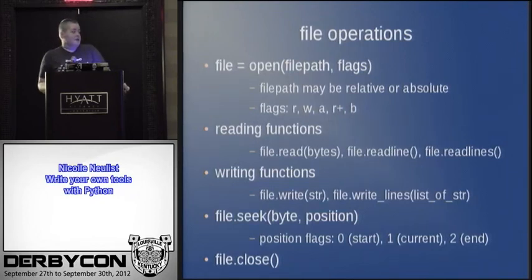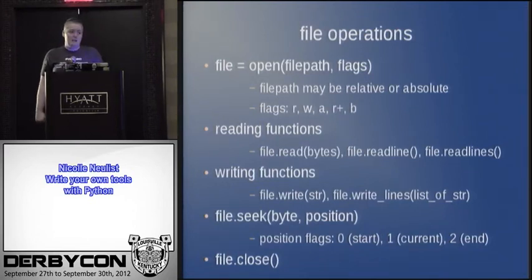File reading functions: you've got file read, where you start at the front of the file, and it will read that many bytes and then move the file pointer there. So then when you go back, you can read the next 64 bytes and the next 64 bytes, for example. File readline reads the next line in the file from the file pointer.